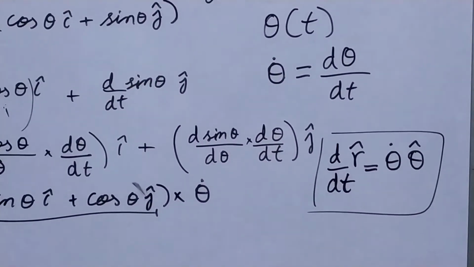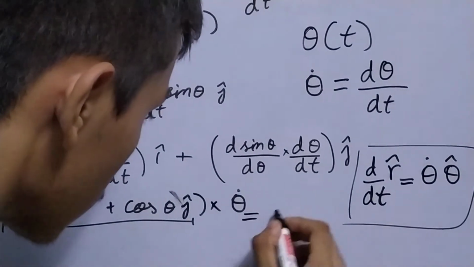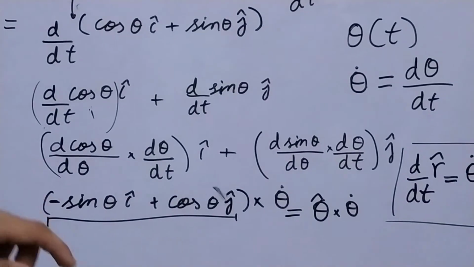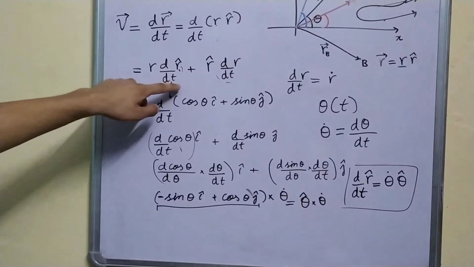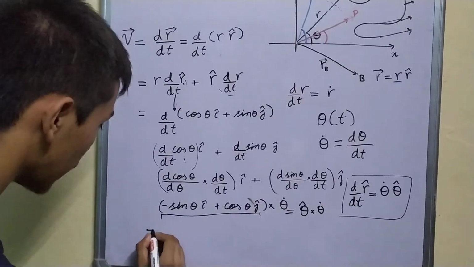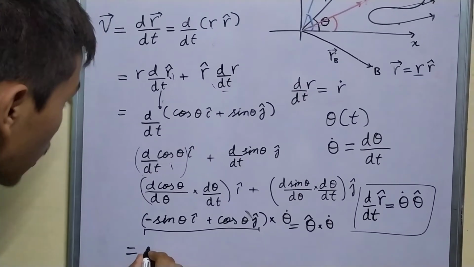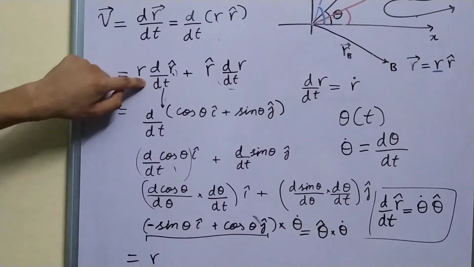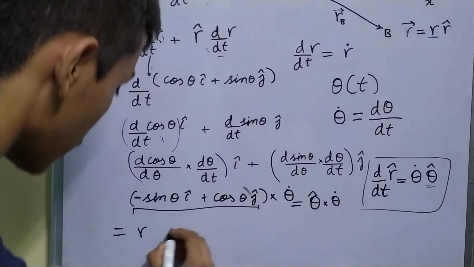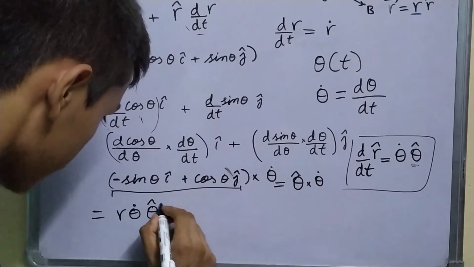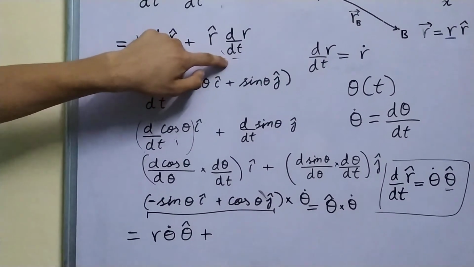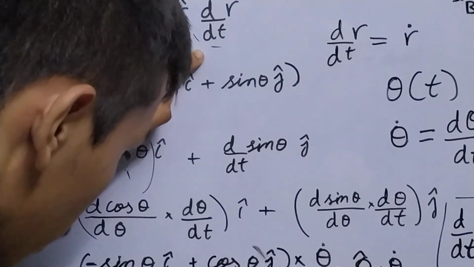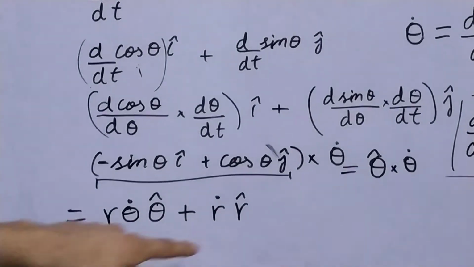This is equal to theta cap times theta dot. Now we'll just plug this in right here. So what we get is r, replacing dr cap by dt with theta dot theta cap, plus we are replacing dr by dt with r dot r cap, and this is our expression for velocity.